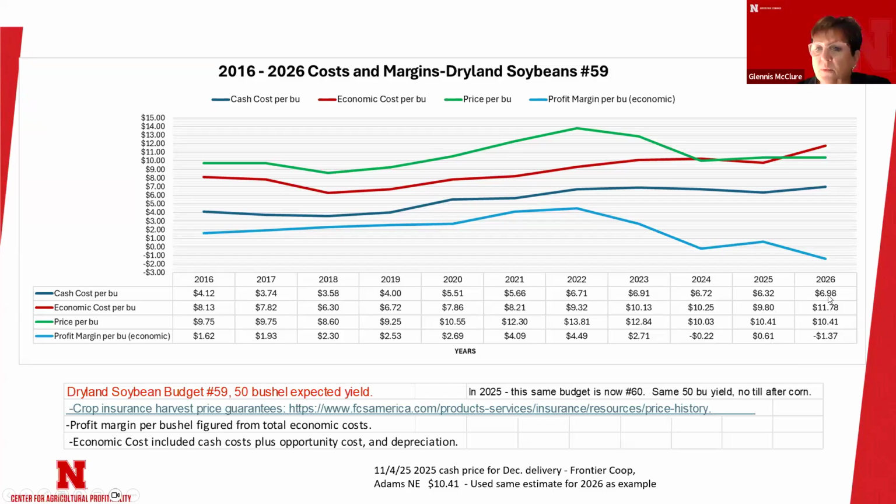But if that stayed the same and we are seeing these costs jump up for next year, what's that going to do for 2026? So it's really, I think, very important to really be watching what our numbers are and utilizing that information to make some decisions. Now, maybe the decision is we plant more of a different crop. We do some kind of alternative if we don't think we're going to have a profit from certain crops.